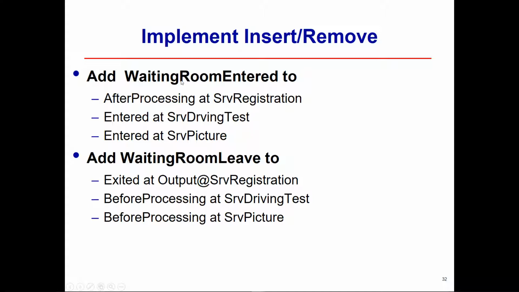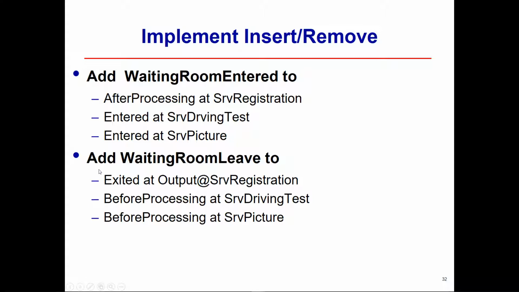So we're adding two processes. One is waiting room enter after processing at the server registration station, and enter the driving test or enter the picture. So all these three areas we need to send the customer into the waiting room.